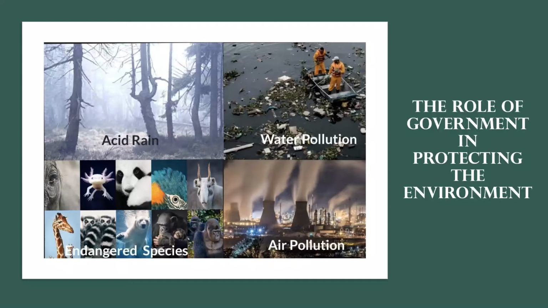Like, for example, acid rain. Who is causing acid rain in the environment? Is it the U.S.? Is it China? Is it other industrial countries? I mean, you have to see who are the ones that are the sources of this.